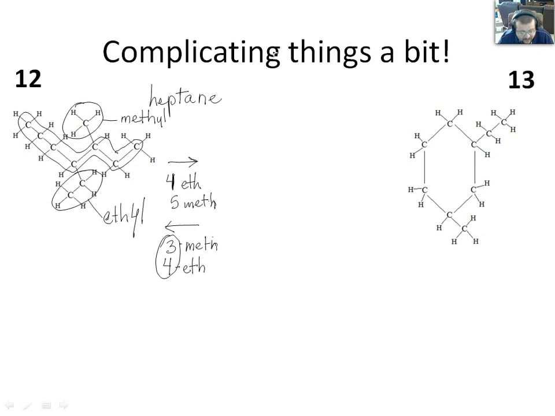Now if we had di or tri or tetra, that doesn't work its way into the alphabetical ordering, but we've just got one of each, so we could say that E comes before M in the alphabet, eth comes before meth, so we would say for ethyl, three, methyl, and then our parent chain, heptane.